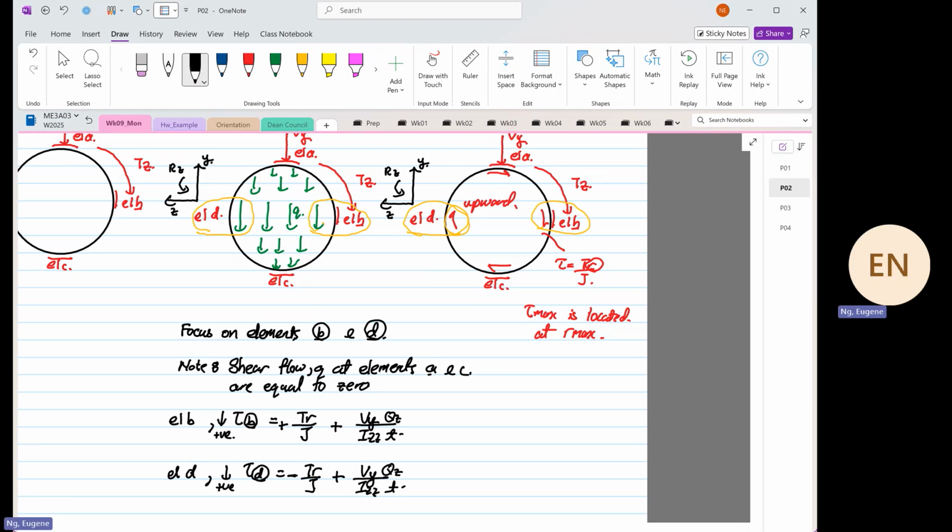So you can see that element B has the highest shear stress. Are we clear?